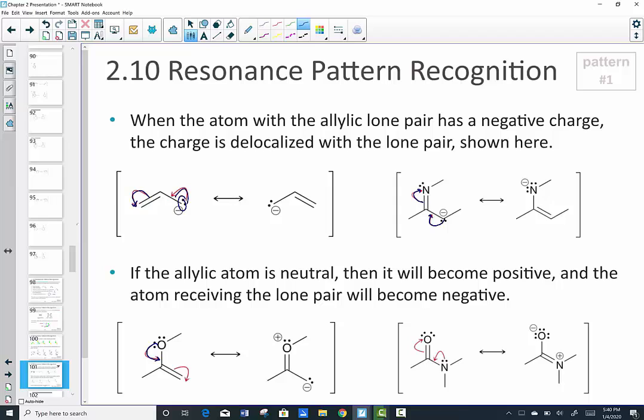Dots become a pi bond, pi bonds become dots, lone pairs become bonds, and so forth. It's just reminding you when you write out the new structure to always write the formal charge in the new resonance structure.